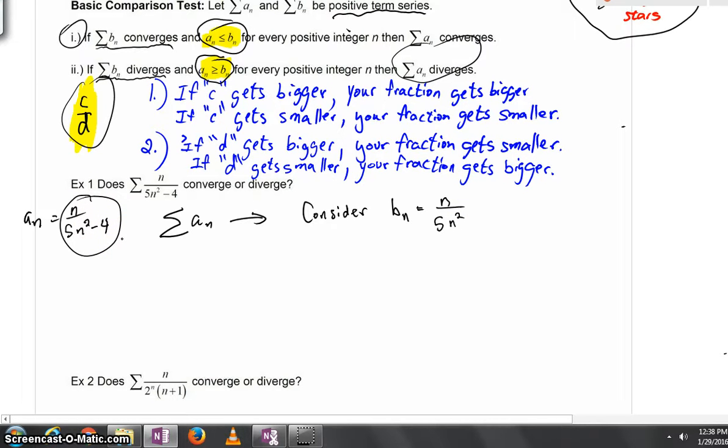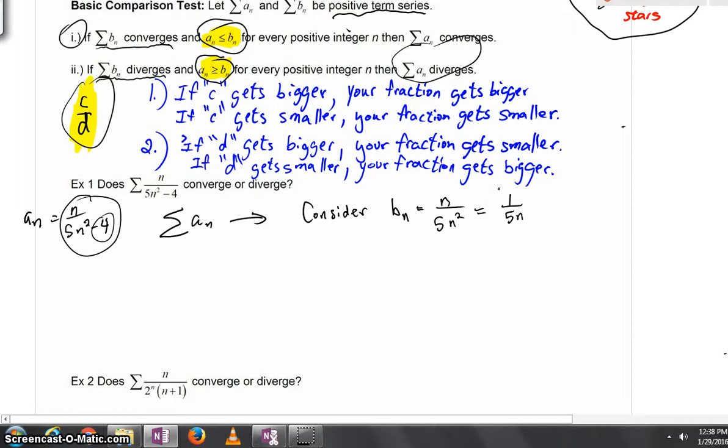Because now I'm left exclusively with variables. Real quickly, we can say that the n's cancel, and very nicely, we'd have 1 all over 5n. Now, at this point, you have to ask the question, we just made a decision to lose that minus 4 because now we have something much more simple.